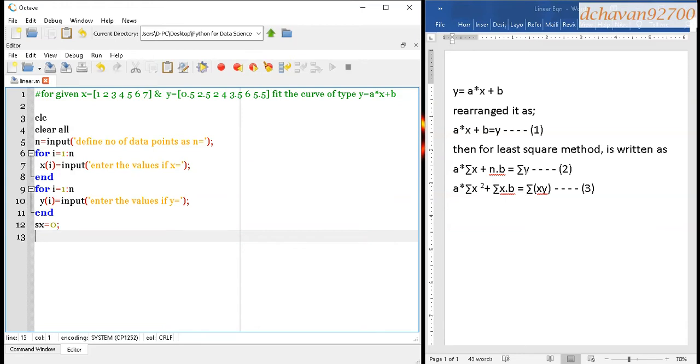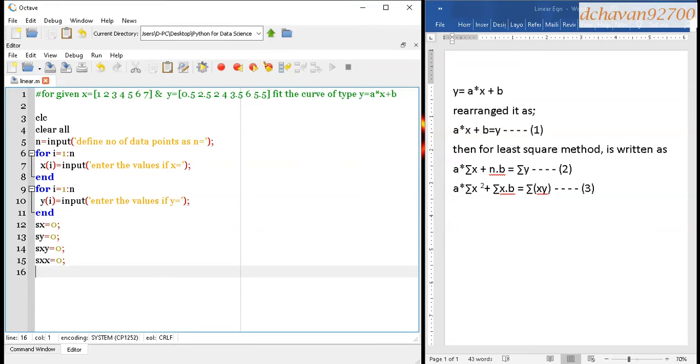Next summation we require is summation of y, so sy equals 0. Then summation of xy equals 0, and summation of x square, sxx, equals 0. So we initialize all the summation values. This is just the initialization of the summations.